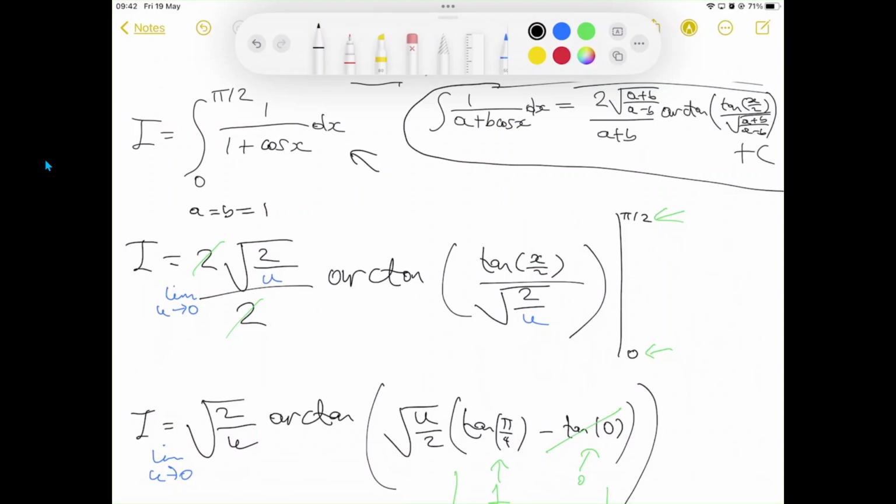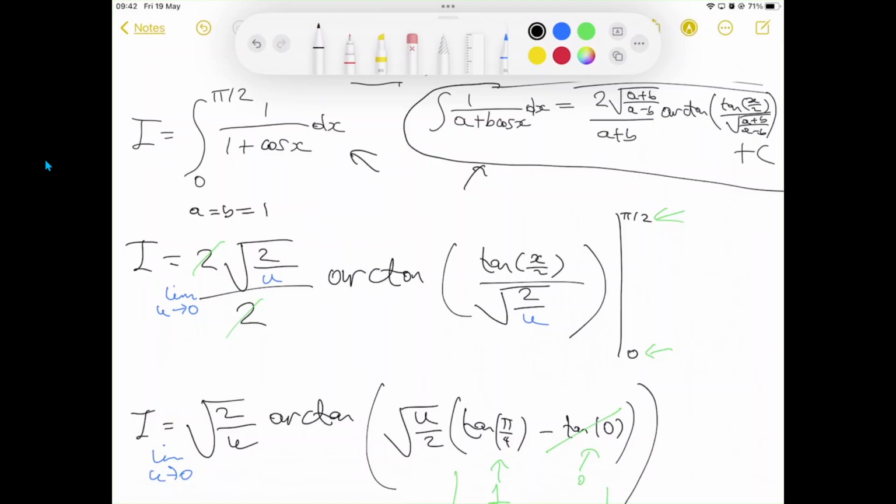So, from the very start, we had this theorem from the previous video, I guess you could call it a theorem, and I said, what if you sub in a and b as 1? And what's the issue with that? The issue is, you end up with a situation where you have to divide by 0.